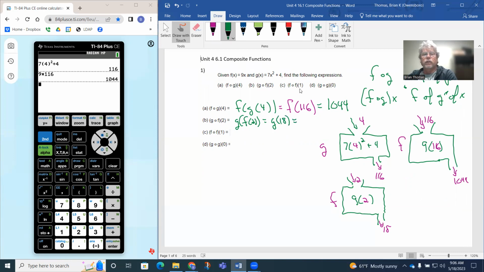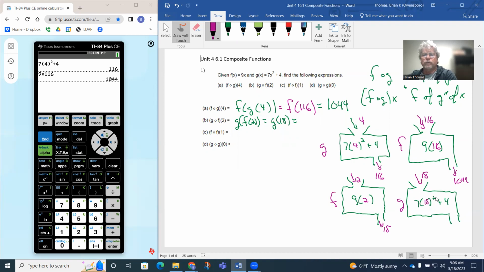Then we have the second calculation, which is with the g function this time. In the g function, we're going to have 7 times something squared plus 4. The 18 is going in as the input value this time.